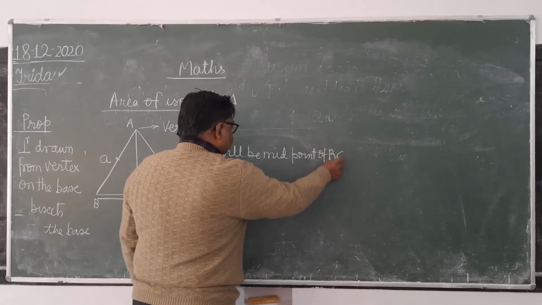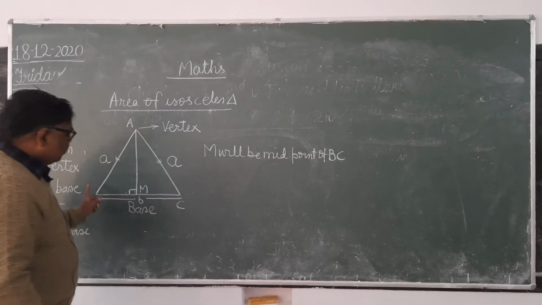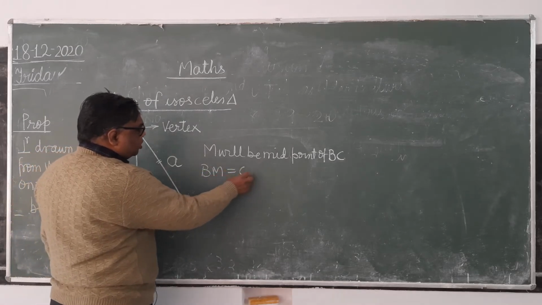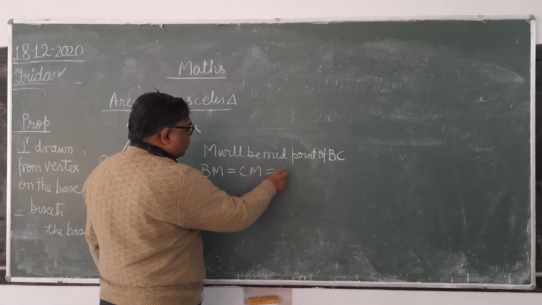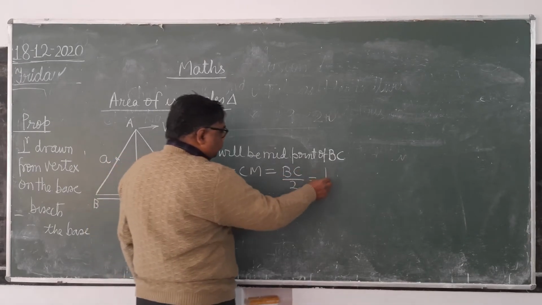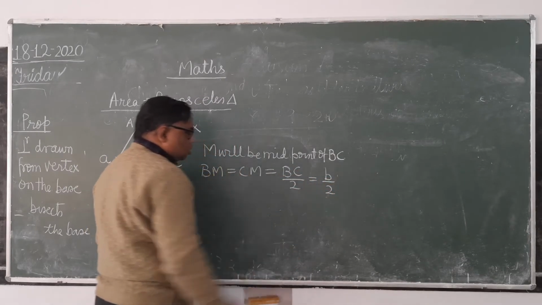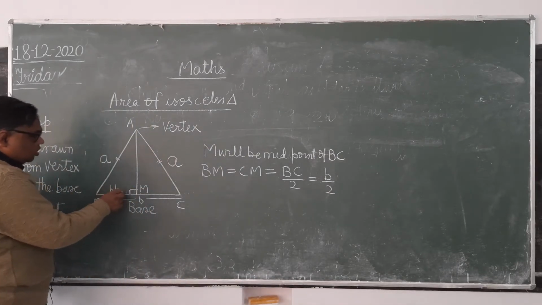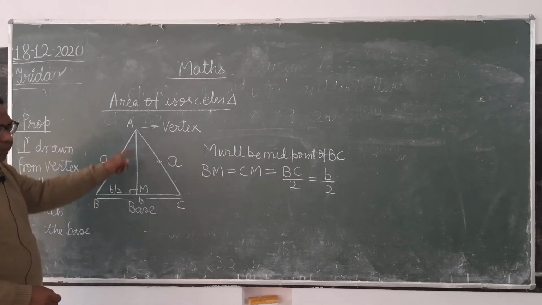Now see here, M is the midpoint, therefore BM equals CM equals BC upon 2. And what is BC here? BC equals B, so BM is B upon 2. This is A. So what will be AM?